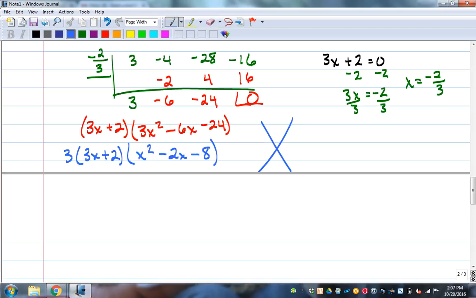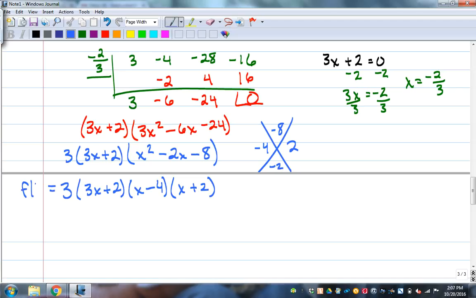So we need something that multiplies to negative 8 and adds to negative 2. Negative 4 and 2. So that's nice. We've got the 3, the 3x plus 2, the x minus 4, and x plus 2 is the factored form of that polynomial.